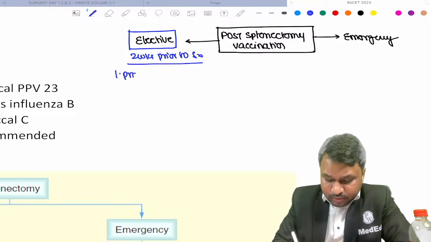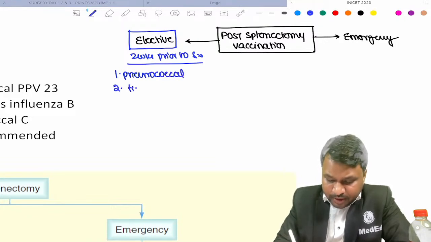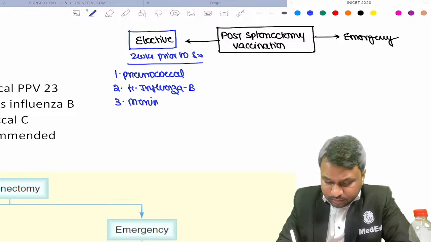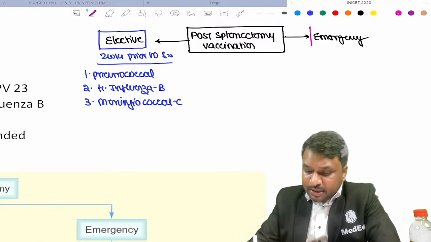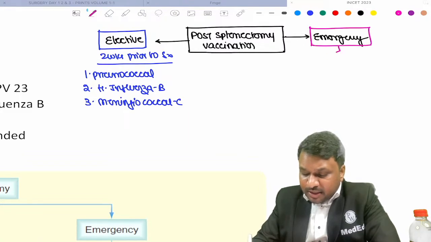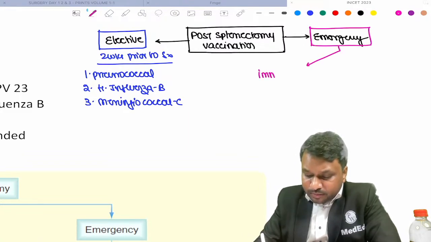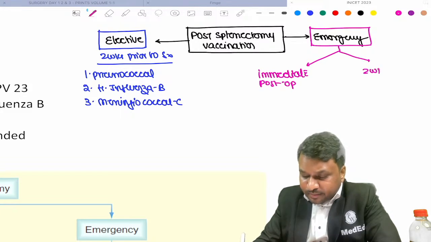We'll give pneumococcal, H influenzae B, and meningococcal C, because the spleen protects from encapsulated organisms. Now, when you're talking about the emergency splenectomy, the vaccine has to be given in the immediate post-operative period and in 2 weeks time.